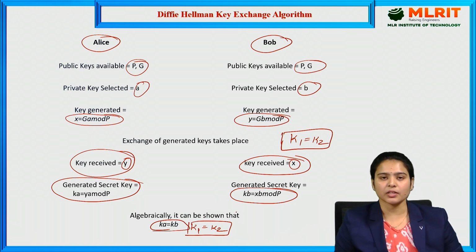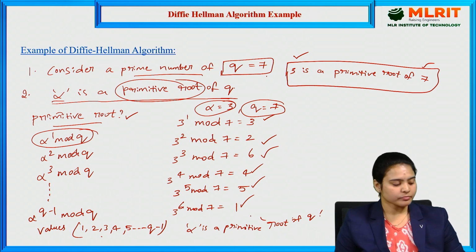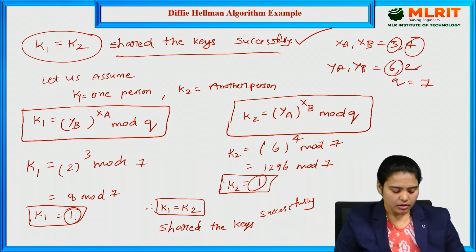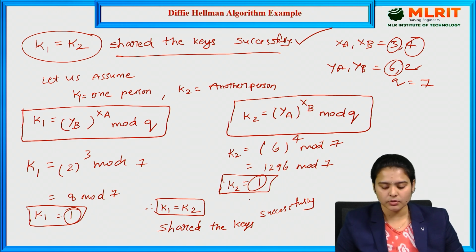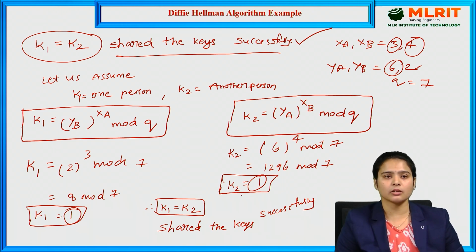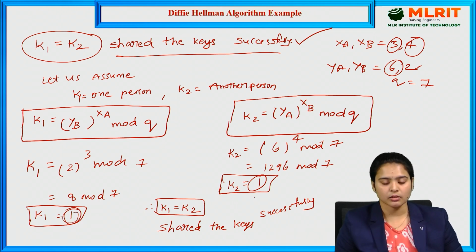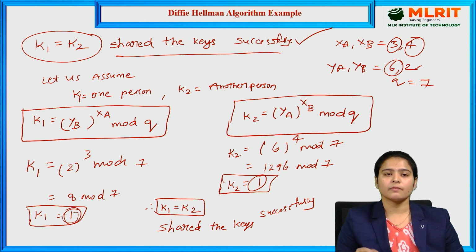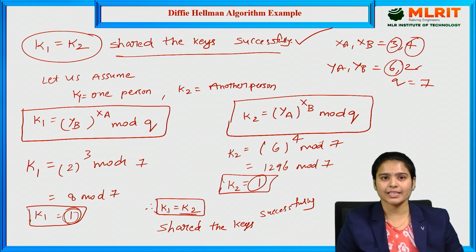The Diffie-Hellman key exchange is about checking whether the keys shared between sender and receiver are exchanged successfully. If K1 and K2 got different values, it would be wrong, because the information sent by the sender must be the same as received, and likewise from the receiver. That's why we need to prove K1 equals K2, proving the keys are shared successfully.